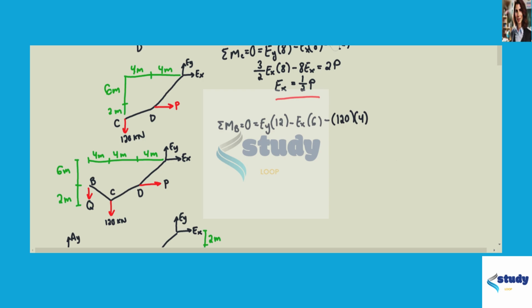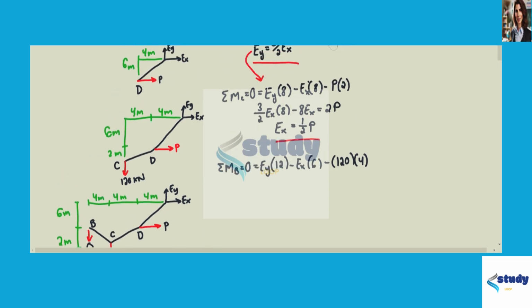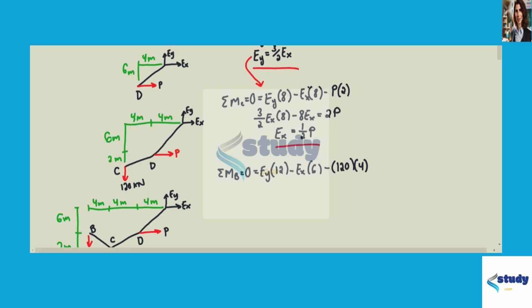We're going to go ahead and plug in this equation for EY to simplify. So this will be 12 times 3 over 2 EX minus 6 EX. You can go ahead and move this to the other side. It's 480.